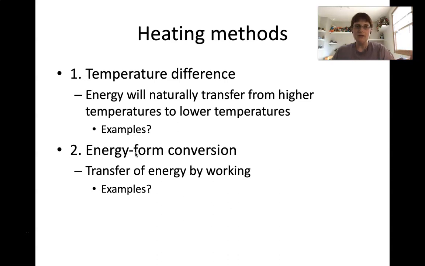Every time we do energy form conversion, going from electrical to light energy or electrical to mechanical energy, so using electricity to run a machine like a refrigerator, you lose some of the energy as heat. This is why things like your laptop get warm, because they lose some of that energy as heat as they do the work.